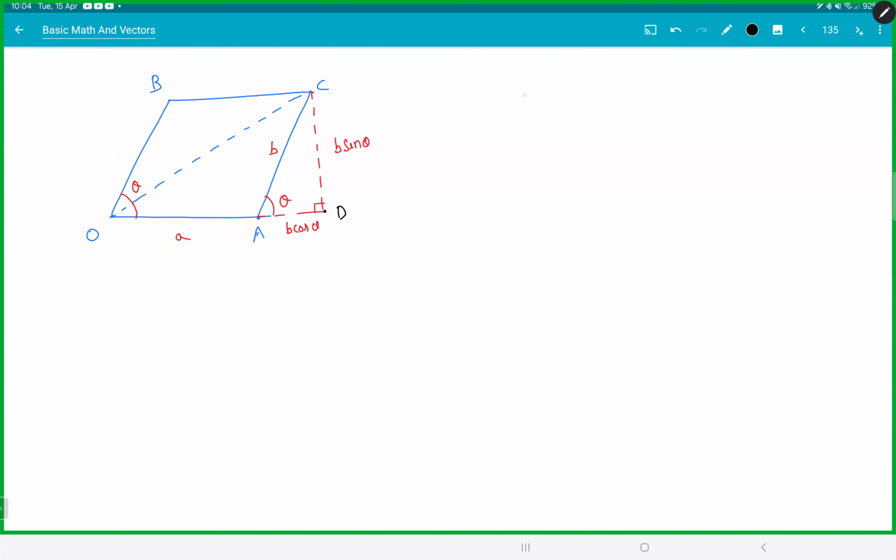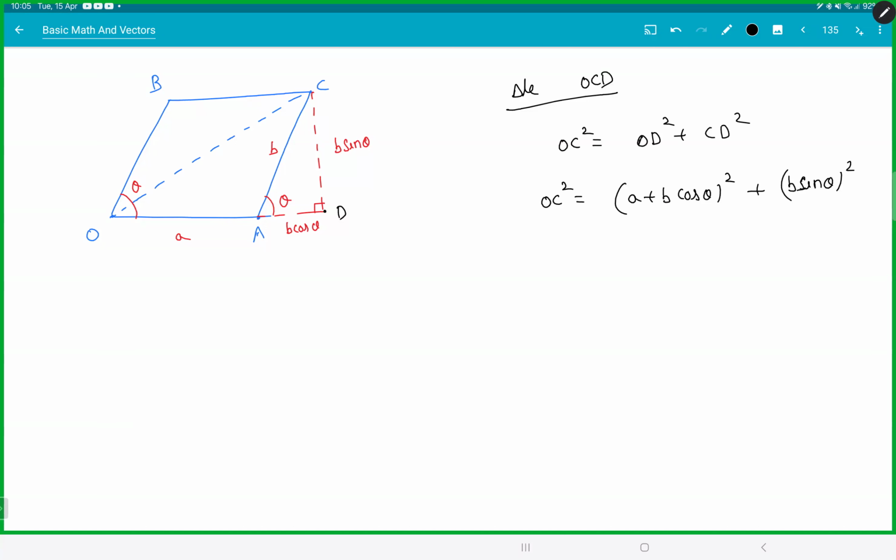This is point D. So if you take the triangle OCD, it's Pythagoras theorem. OC square will be OD square plus CD square. So this will be C square. OD will be (A plus B cos theta) square. And CD will be (B sin theta) square.